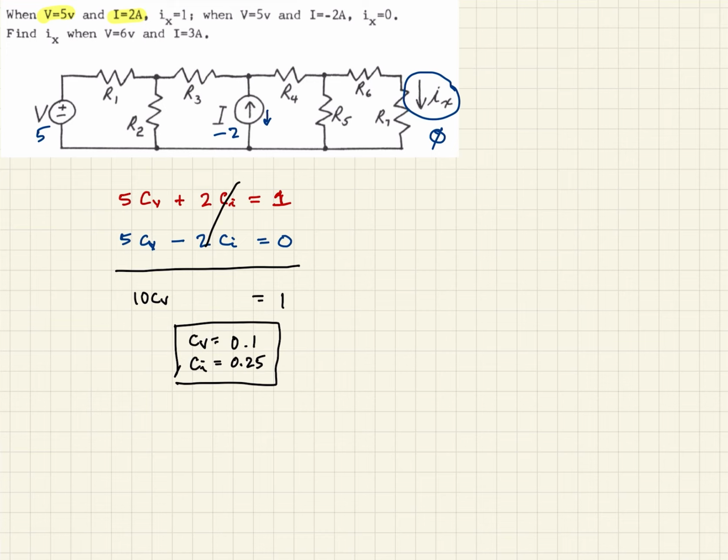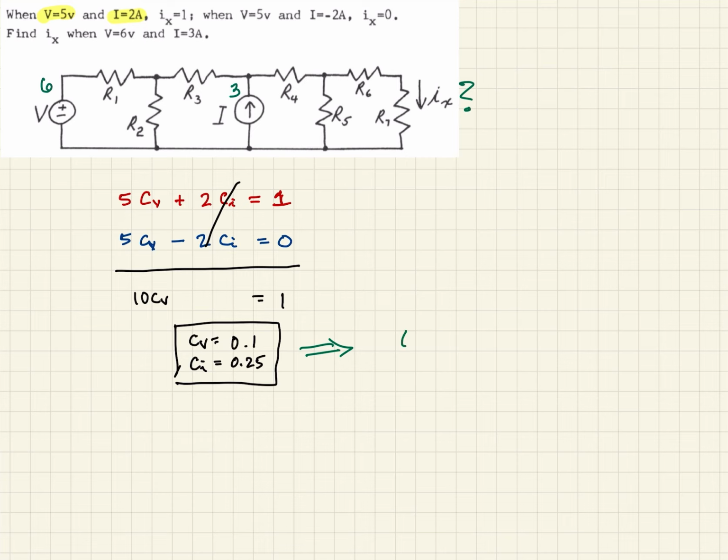Now they're giving us a third situation, and they want us to use this information to come up with the new calculation. In this case, they're telling us that now V is equal to 6 and our I is equal to 3, and they want to know, in that case, what would IX be? Here we can just apply these constant linear coefficients.